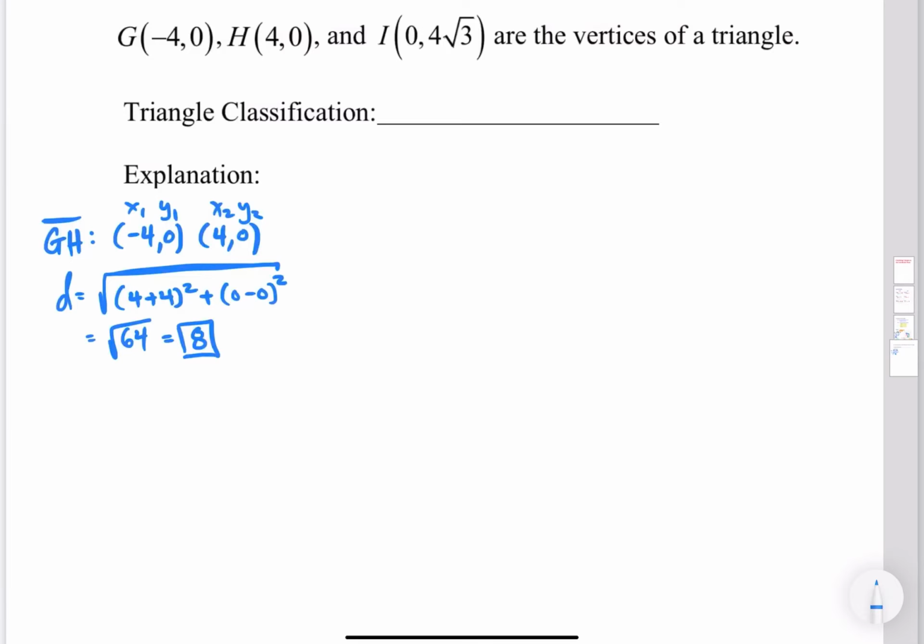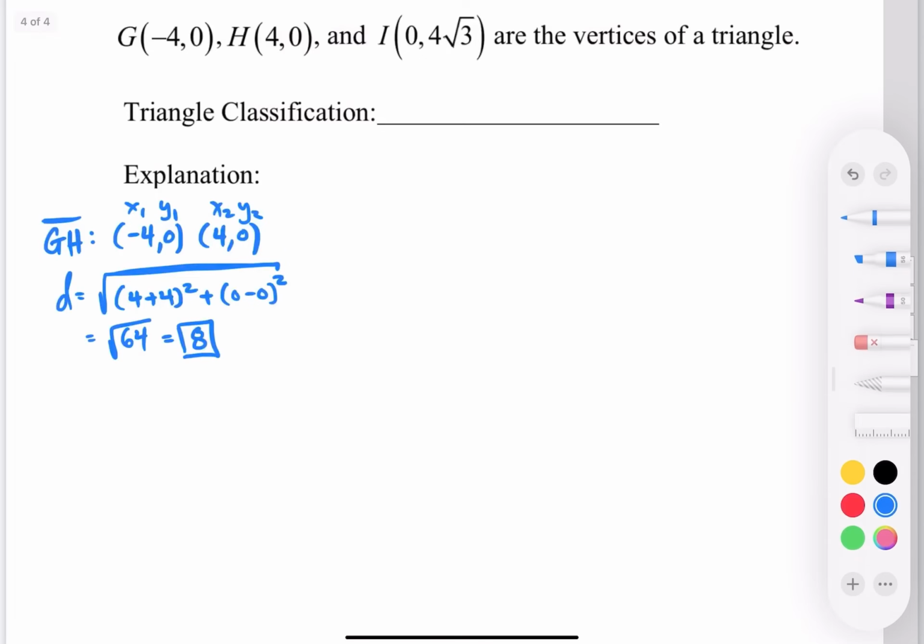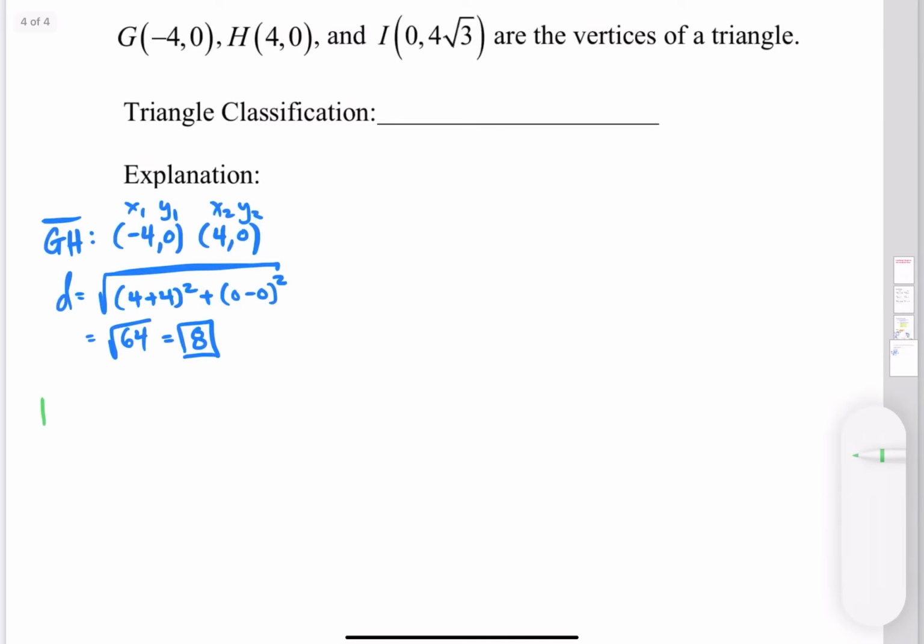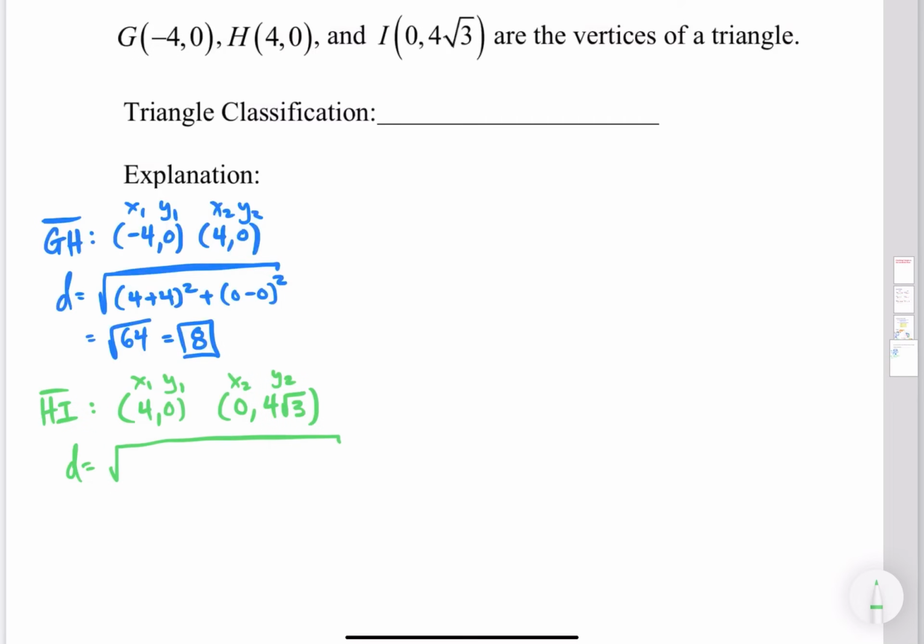Now we're going to take a look at our next side. And our next side is going to be from H to I. So HI has the ordered pairs of 4, 0 and 0, 4 root 3. And again, this is my x1, my y1, x2, and y2. And I'll just plug all of this into my formula. So d is equal to x2, which is 0, minus x1, which is 4, squared, plus y2, which is 4 root 3, minus y1, which is 0, squared.